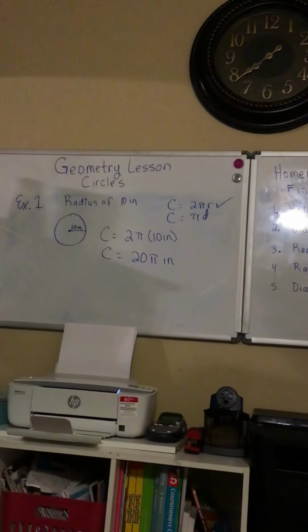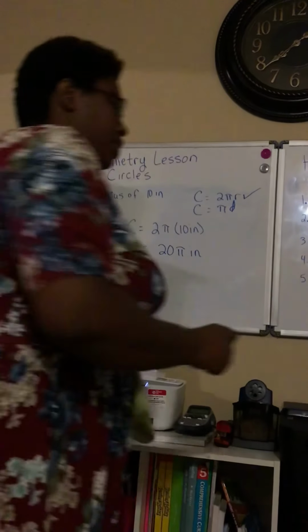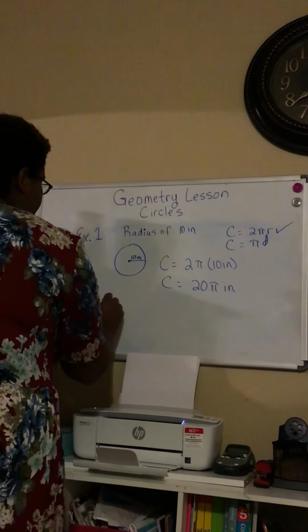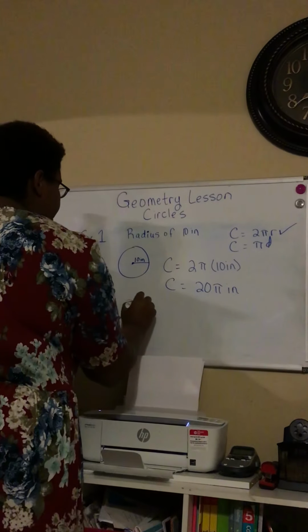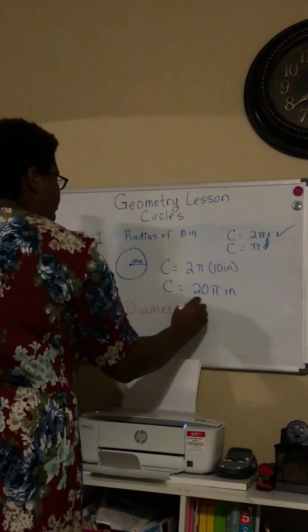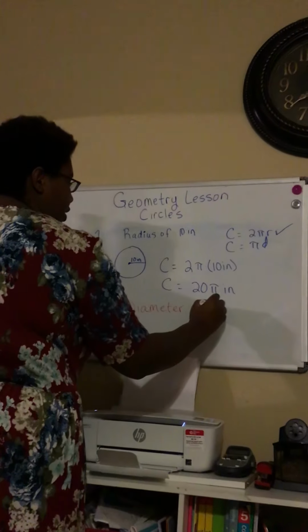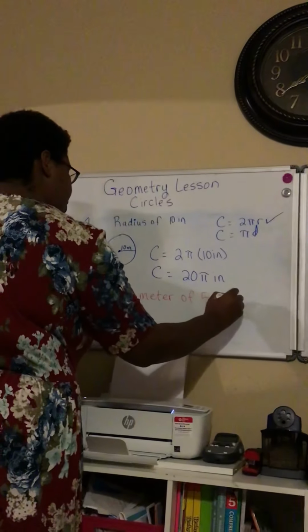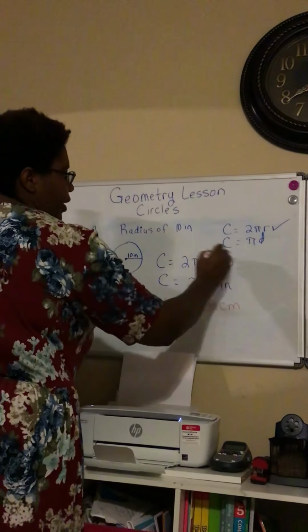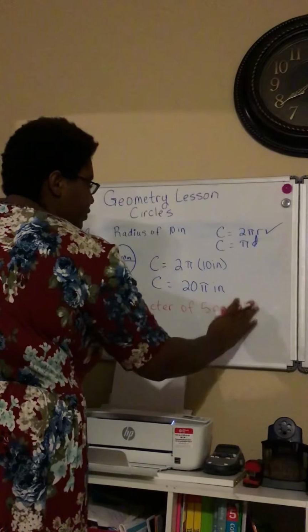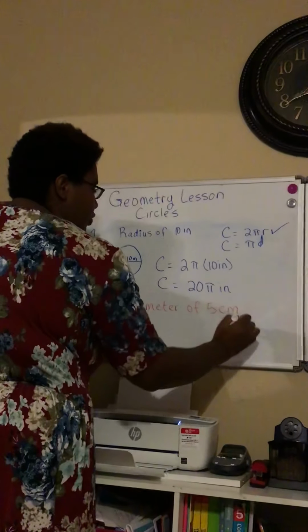I'm going to switch colors. And let's do example 2. Let's do one for a diameter of 5 centimeters. Now if we go back up here and look at our formulas, again, I have two formulas I could use.